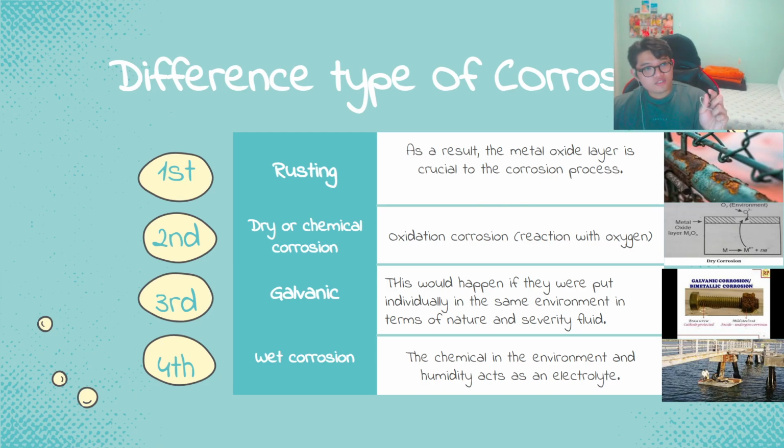So oxidation takes place at the anode and results in corrosion at the end, while reduction takes place at the cathode.